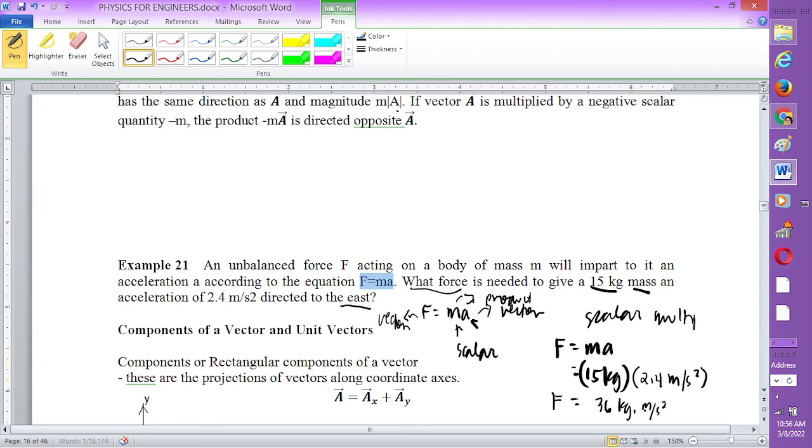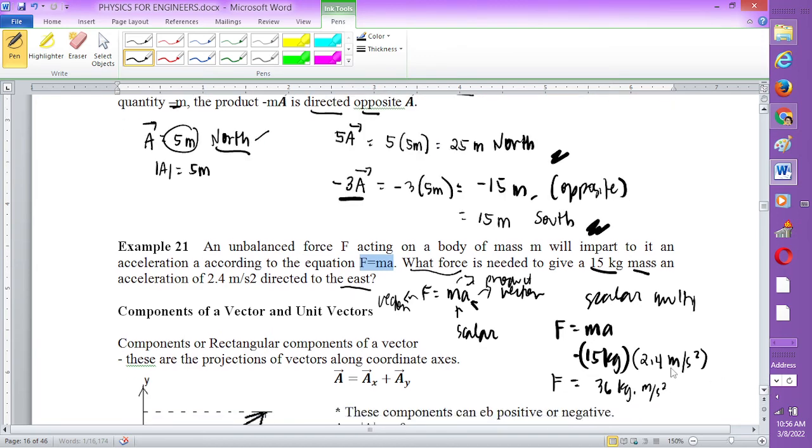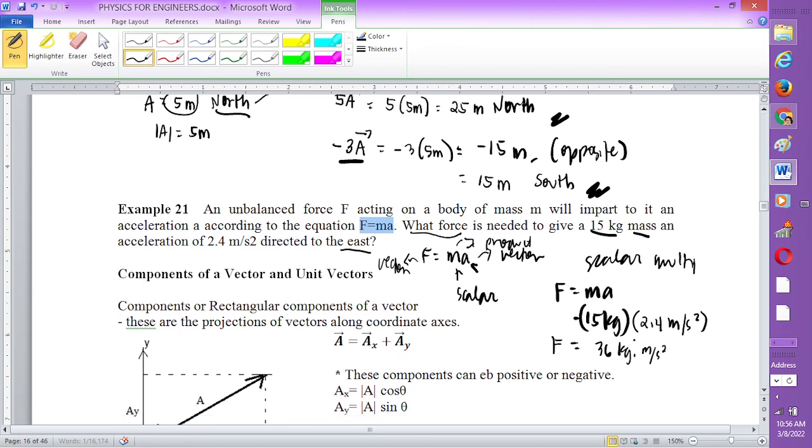So, 36 kilogram meter per square second, or simply, this quantity here, class, is Newton. Yes, Newton is the unit. This is equivalent to Newton. So this will be 36 Newton to the east. That's the answer already.